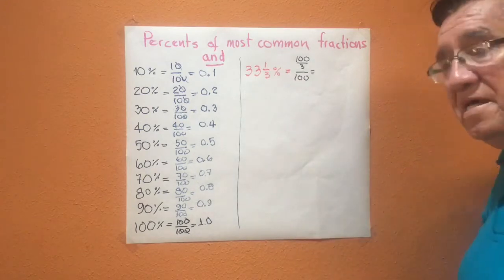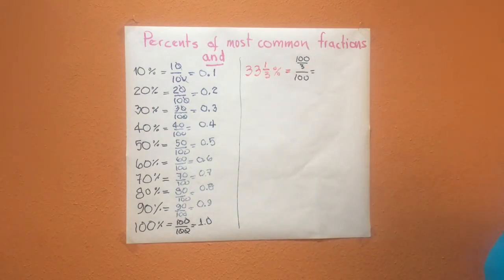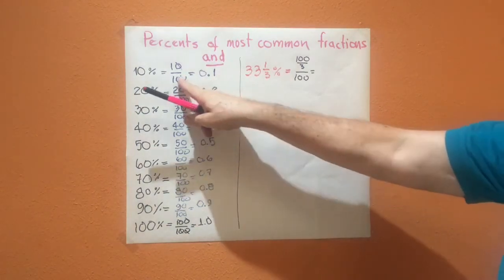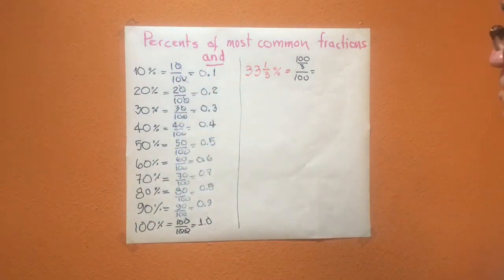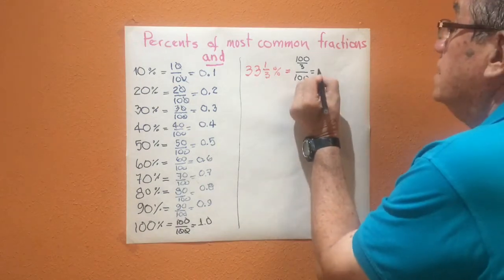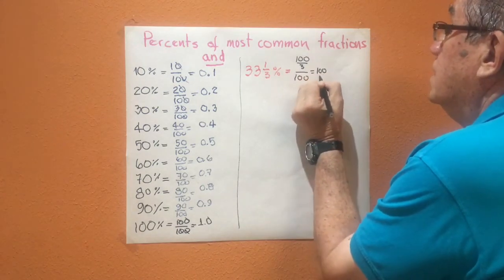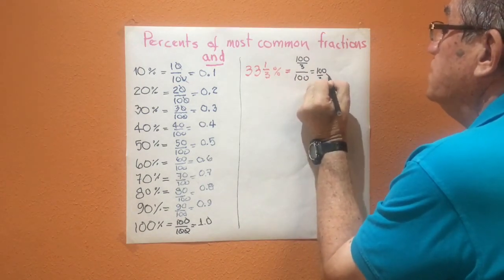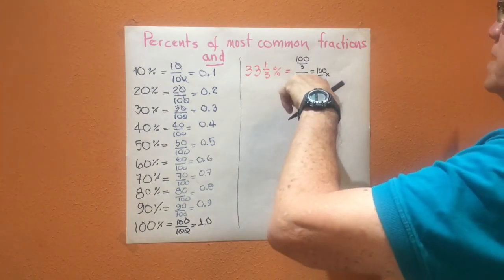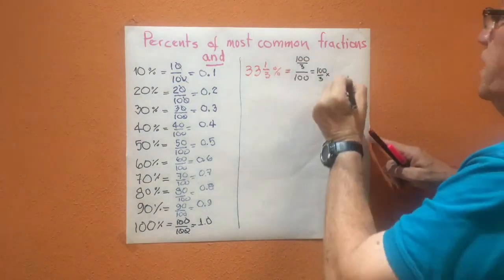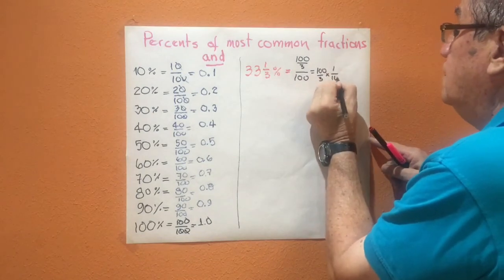And then I have to do this division so that I can find the equivalent fraction. Well, as you know, a division of two fractions is like multiplying, with the second fraction inverted.